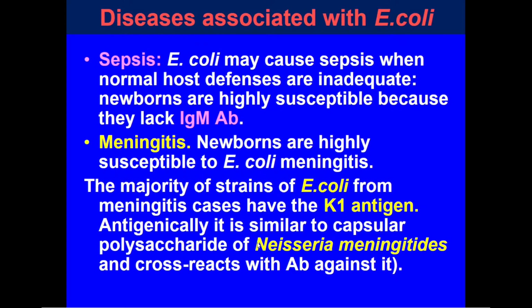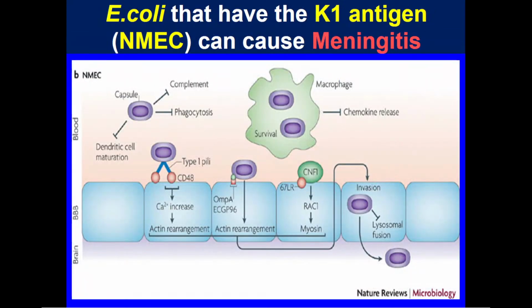The K antigens cross-react, so it means this is something that is very common for them. And these are called Neisseria meningitidis-like E. coli. They cause very similar disease, and we have the very similar K1 antigen.